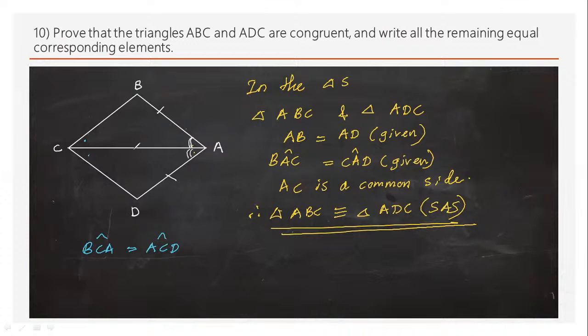Next one, this common side, AC. Opposite from this one is D, B angle and D angle. So we can write ABC angle equal ADC angle. Then you can see for this angle opposite side this, and for this one this. So BC equals CD.